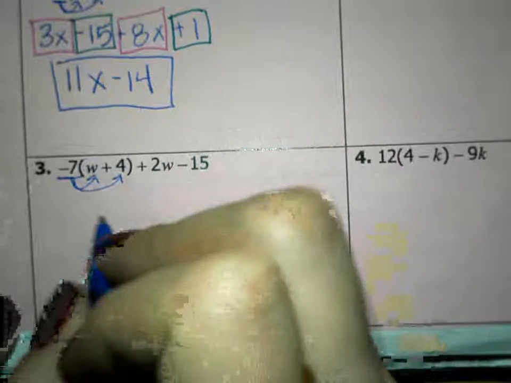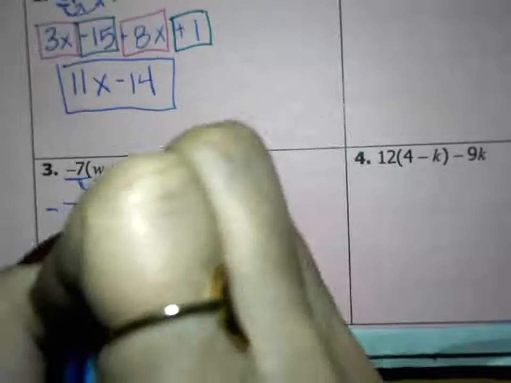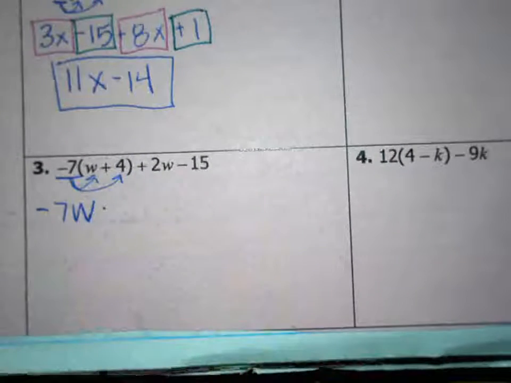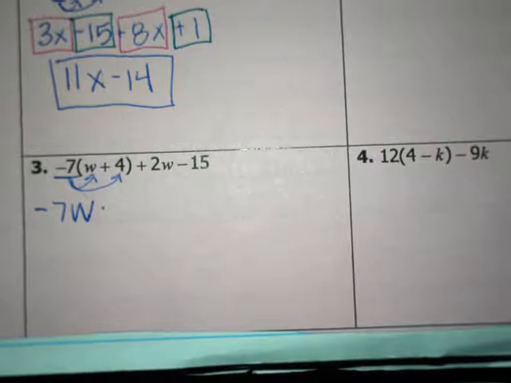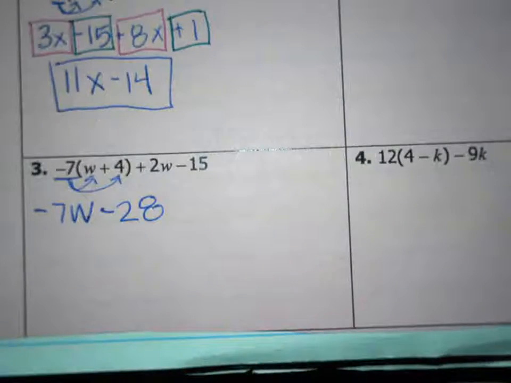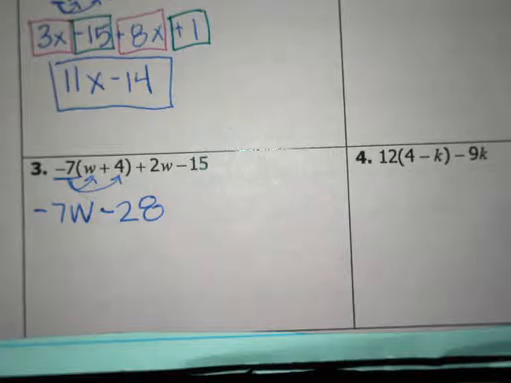So, Chloe, tell me what we get. Negative 7w plus negative 28. Okay, I don't want to say plus a negative 28. Then minus 28, good. If we have multiple operation signs there, the plus sign and the negative sign, it's just going to confuse you. It's not that it's wrong, it's just going to confuse you.